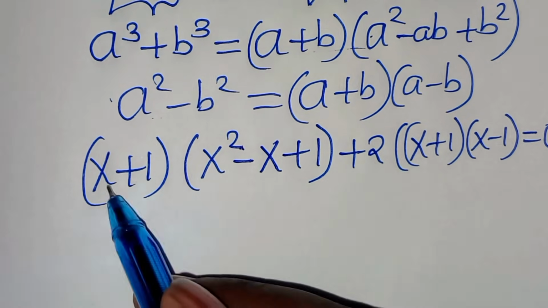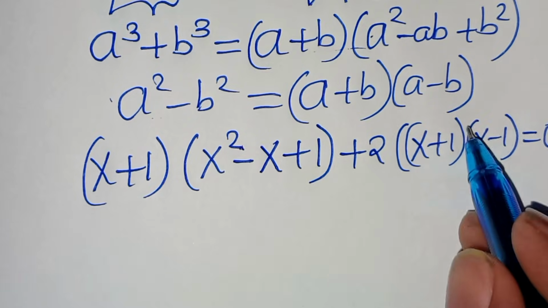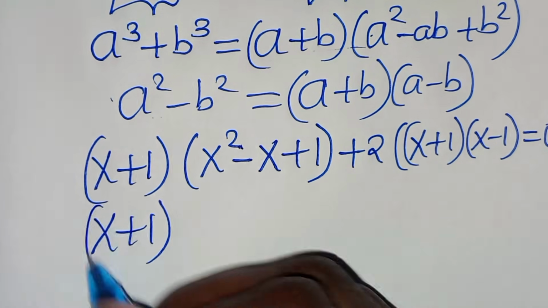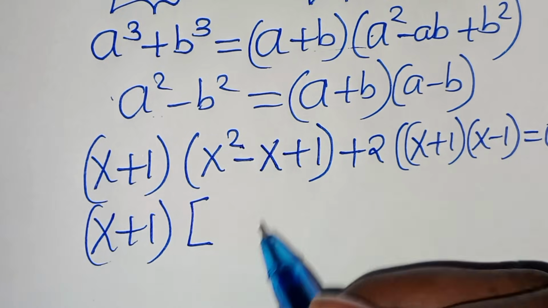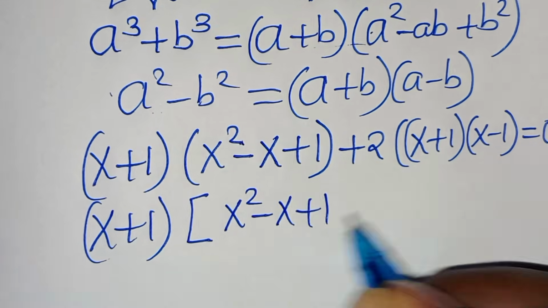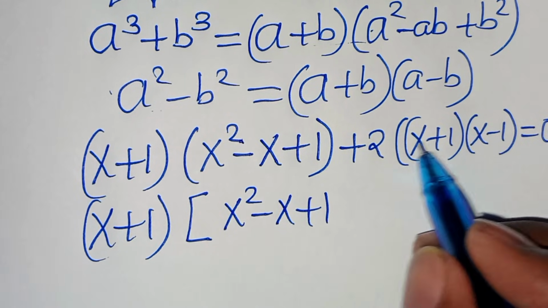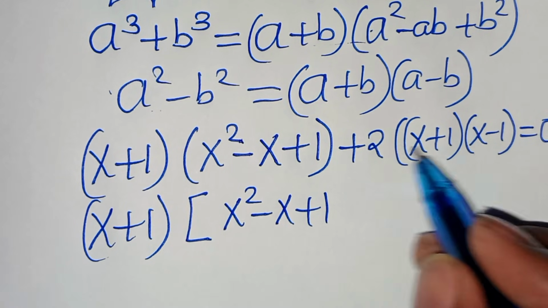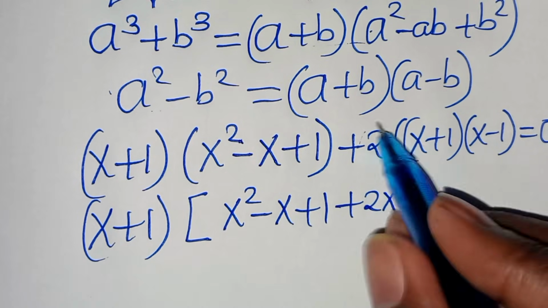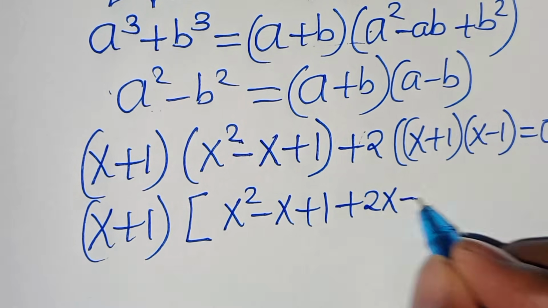Now, we have that x plus 1 is common here, so let's factor out x plus 1 into the parentheses. This is x squared minus x plus 1. Let's open the parentheses here. This is 2 times x. This is plus 2x. Then 2 times minus 1. This is minus 2.